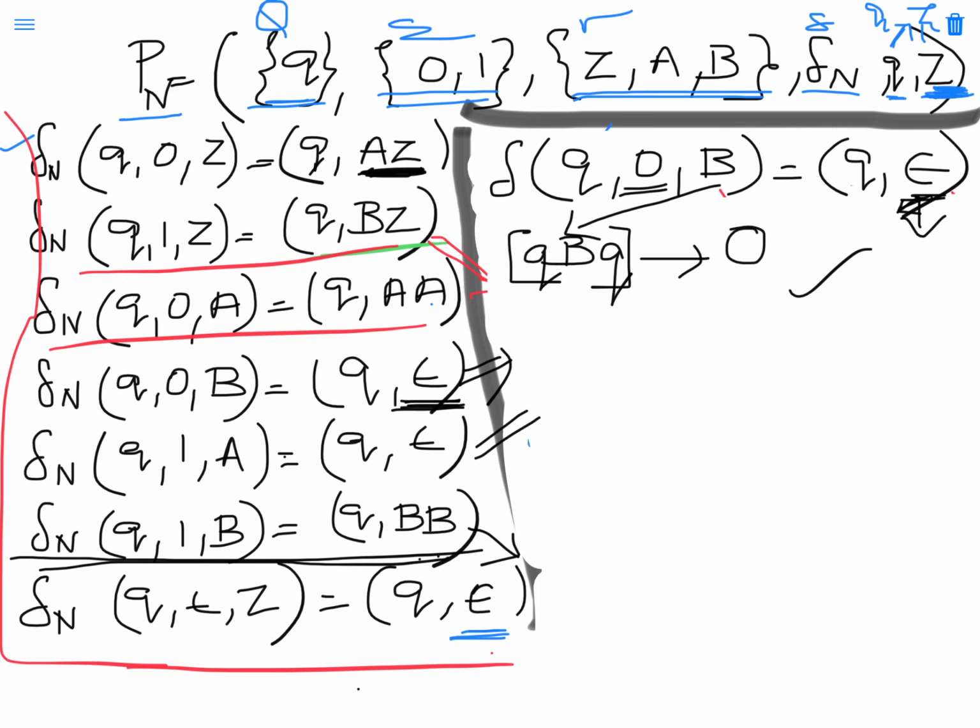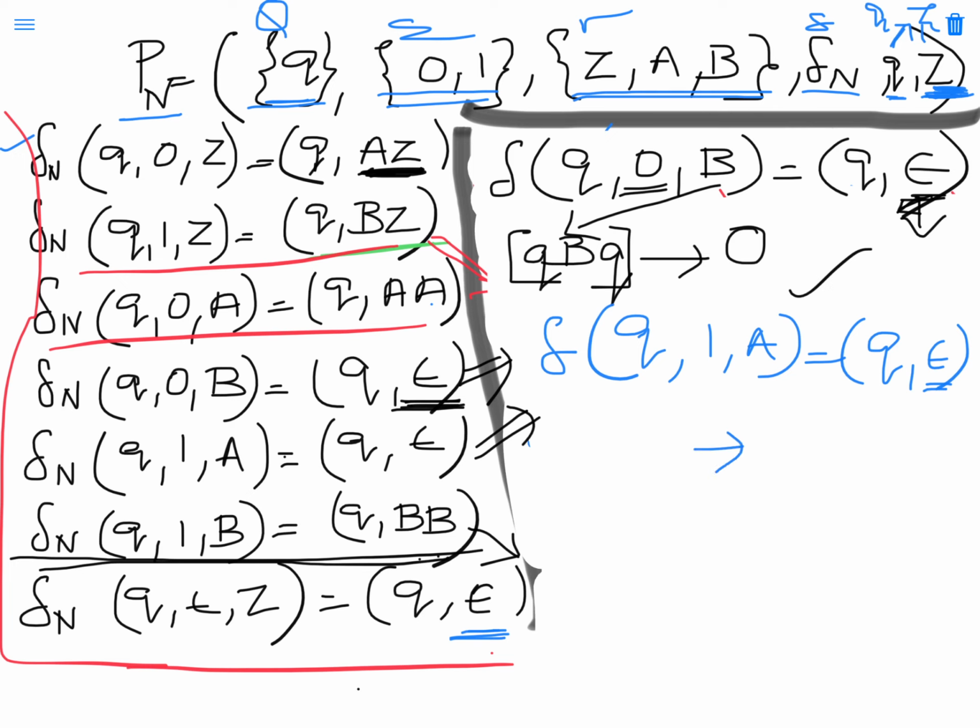Similarly, you can try for this also, that is delta of q comma 1 comma a, which is equal to q comma epsilon. How will you write it? Here on the right hand side there is no stack symbol, so in our grammar also the right hand side will not have any non-terminals.